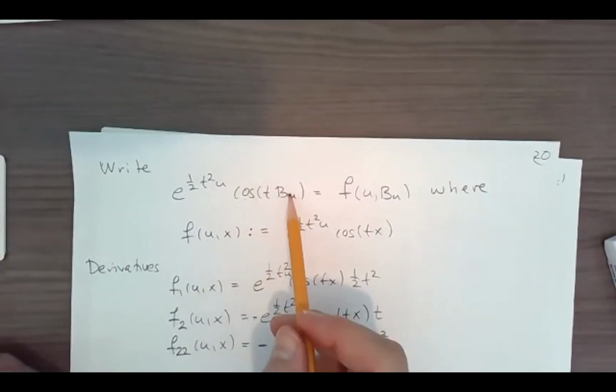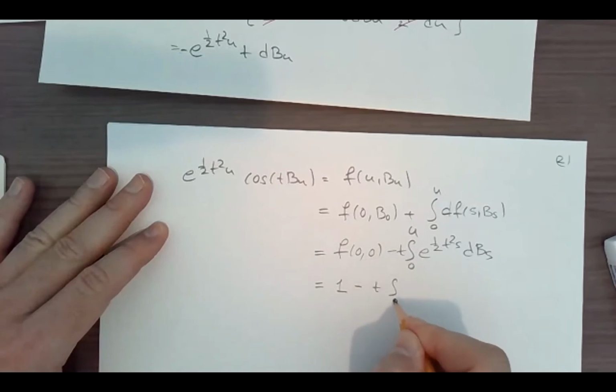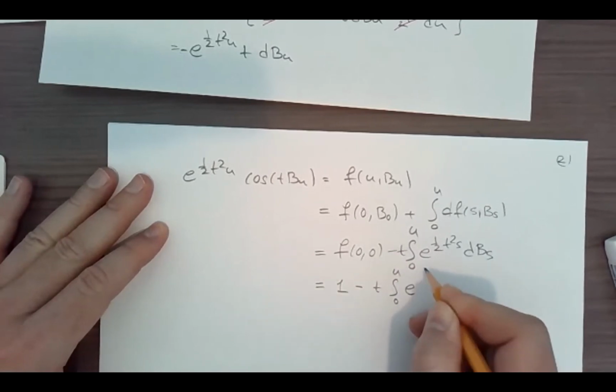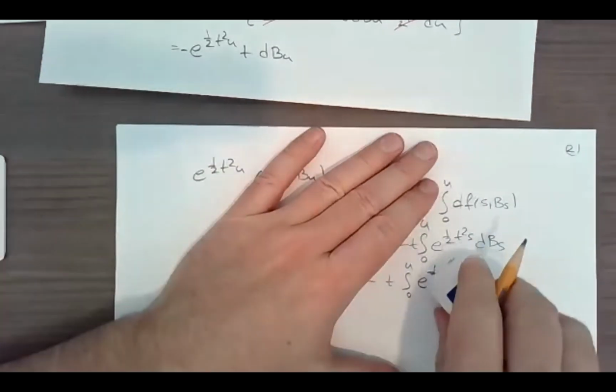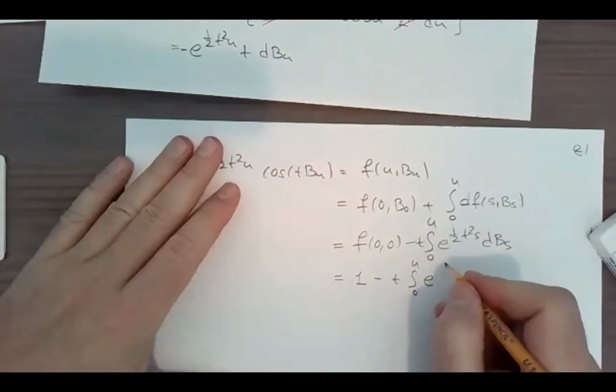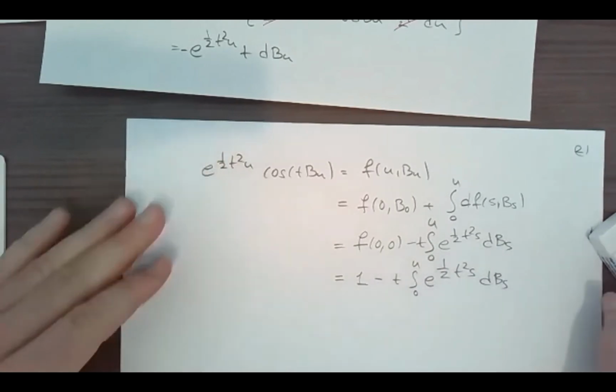This is cosine at 0, that's a 1, so I'm getting a 1 here.